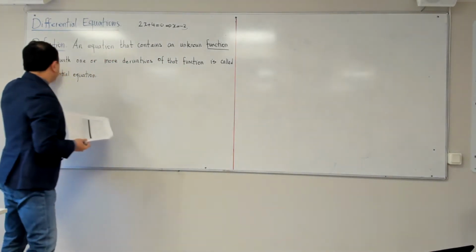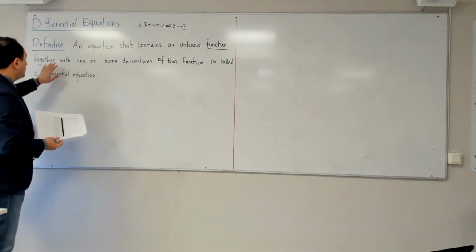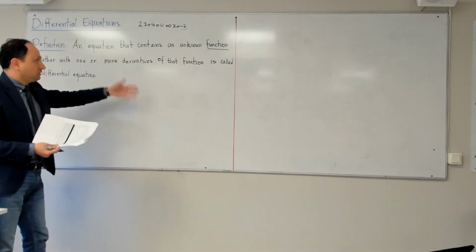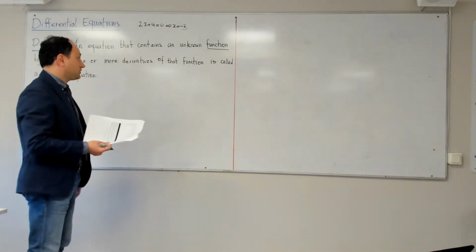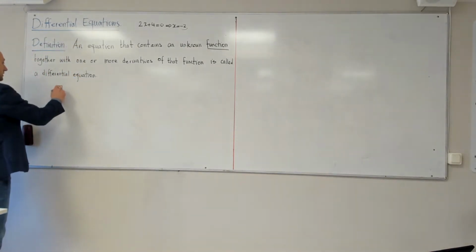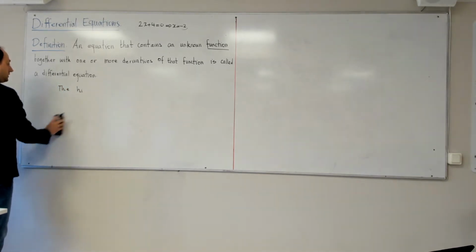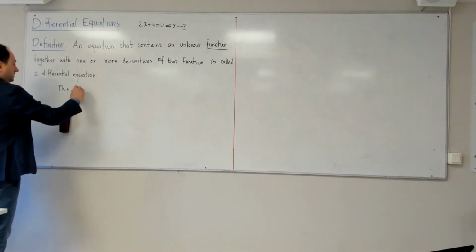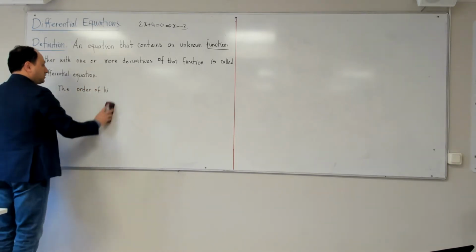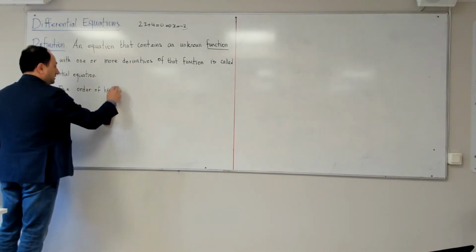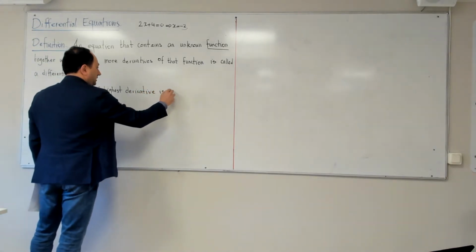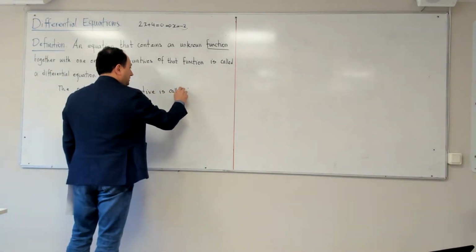That is the differential equation. Of course, an equation that contains an unknown function together with one or more derivatives of that function. It means the first derivative, second derivative, or higher order derivatives. And there is a terminology going on here. The order of the highest derivative is called the order of the differential equation.